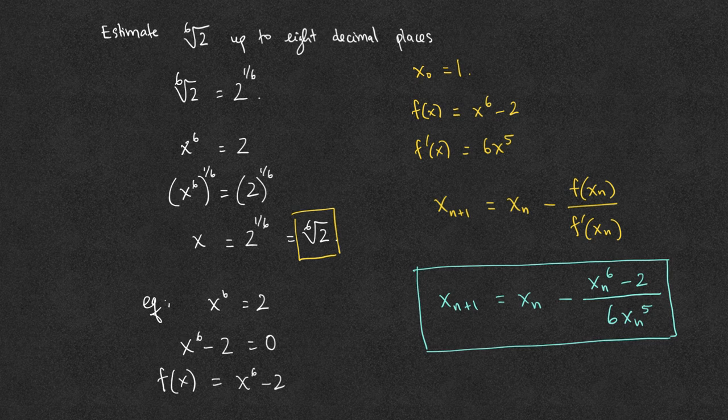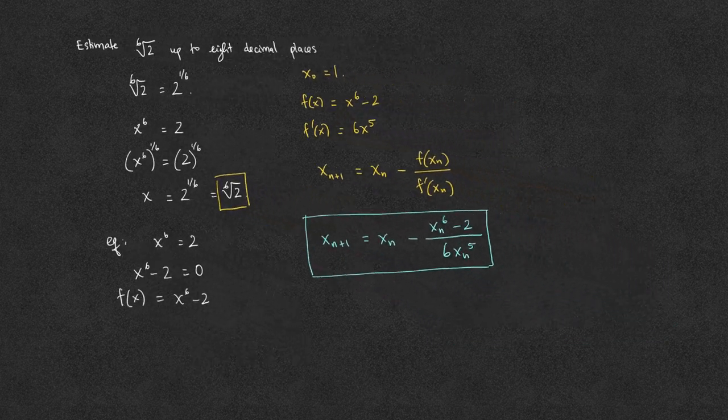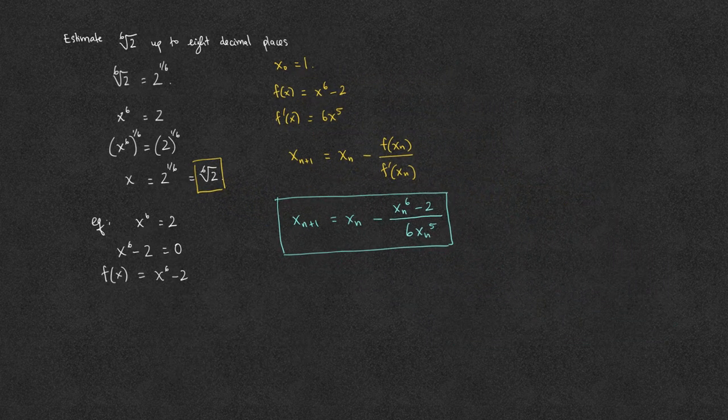We start with our first initial guess, which is x sub 0 equals 1. When n equals 0, x sub n plus 1 is x sub 0 plus 1, or simply x sub 1. X sub 1 is x sub 0 minus f of x sub 0 over f prime of x sub 0.